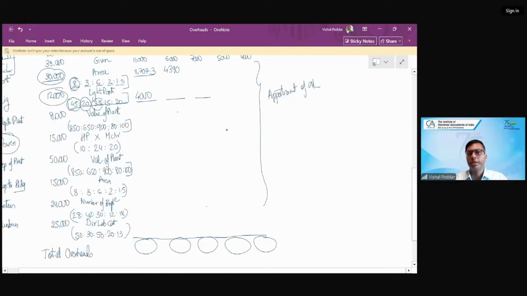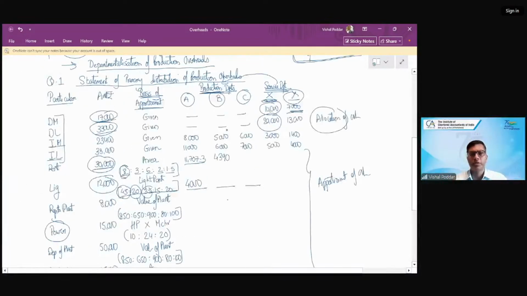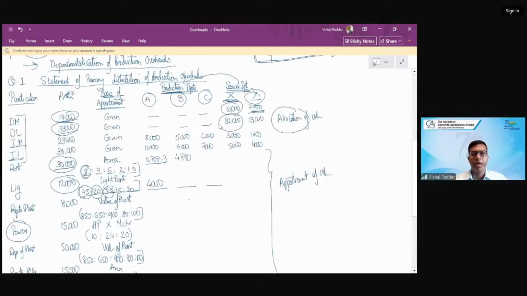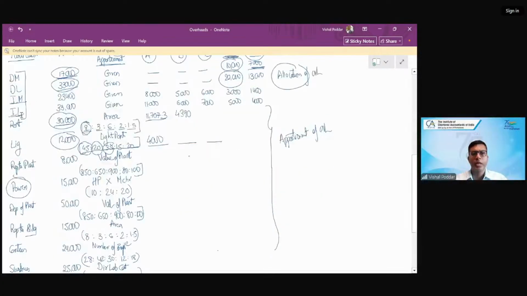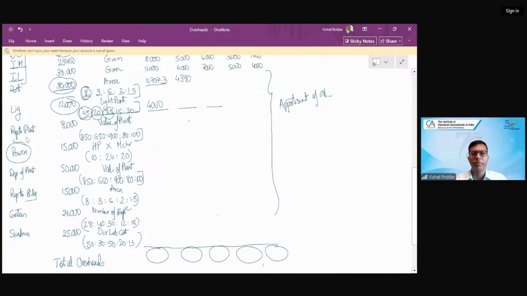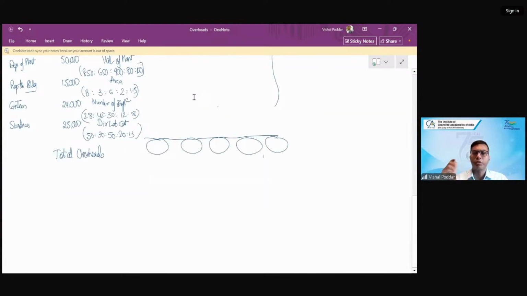At this stage, we have all the overheads, direct material and direct labor for the service departments, indirect material, indirect labor, all indirect expenses for all departments, and the common expenses distributed between all. So at the end of primary distribution, we end up with the total overheads of each department, which includes the production and the service departments.